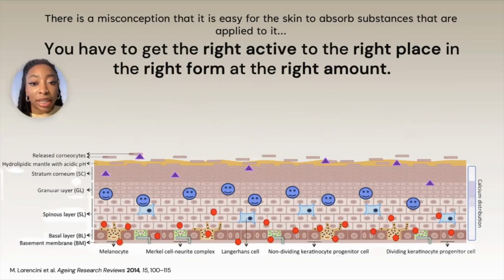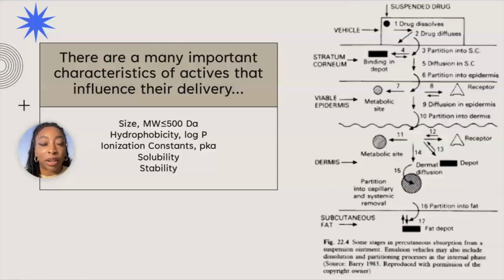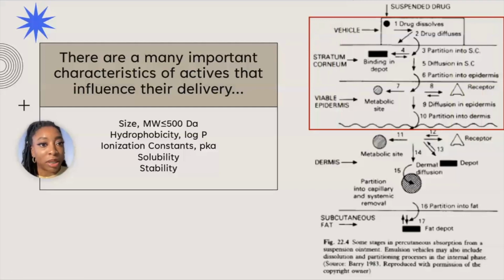This is a challenge because most skincare actives are not favorable for delivery into the skin. There are many important characteristics that affect the deliverability of an active. If you look over to the right of the screen, there's a schematic of the steps in active delivery into the skin. We're not going to go through this whole thing because the entire schematic deals with transdermal delivery, but even in just looking at the top, this is what we're going to focus on in the cosmetic industry.